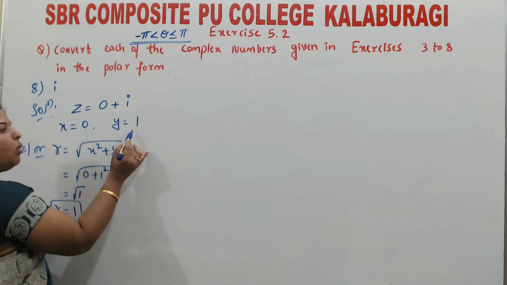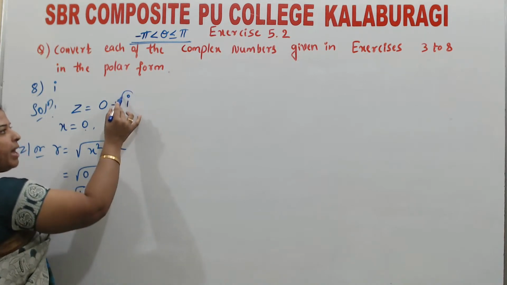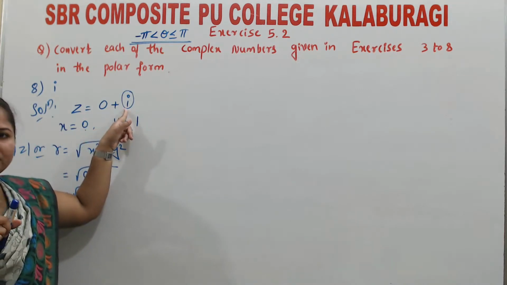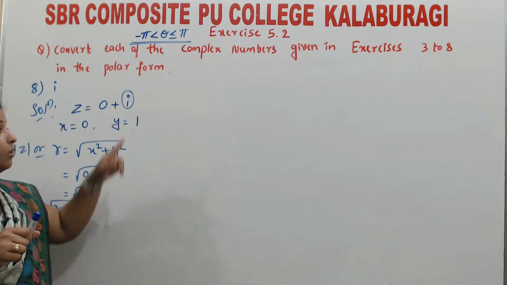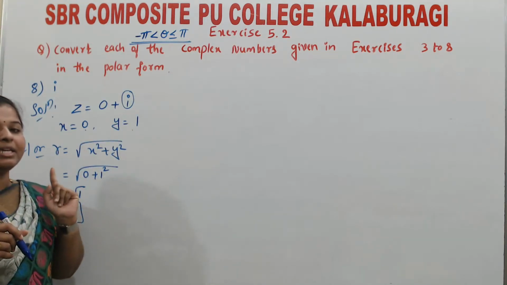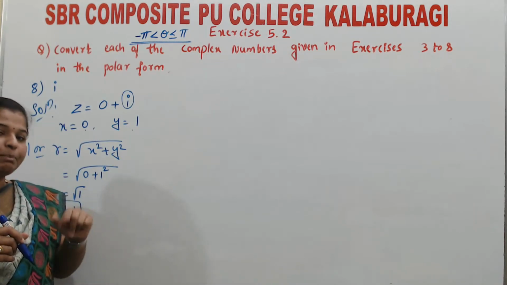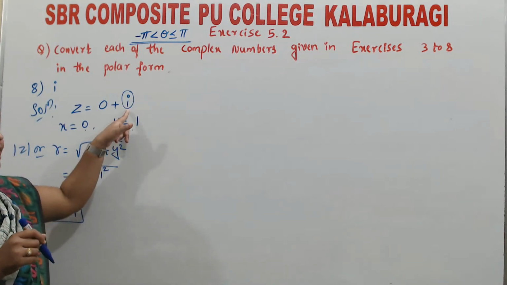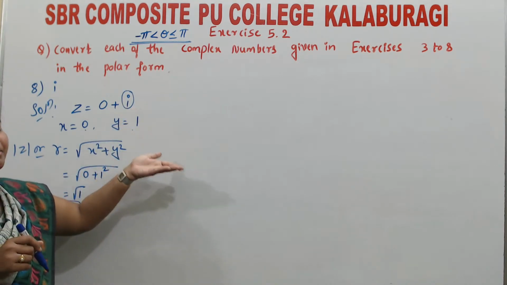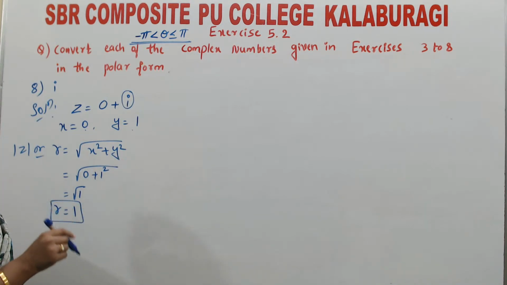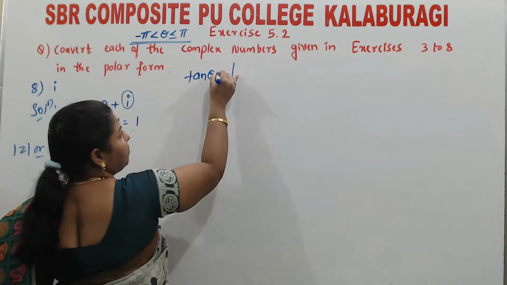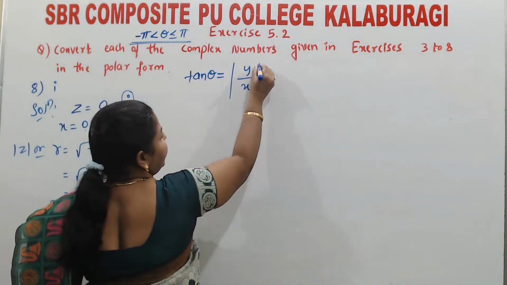See here. Real part is 0. Only the imaginary part is there, where y is the imaginary axis and x is the real axis. Theta is the principal value, from minus pi to plus pi. So here only the imaginary axis is there, which means argument of z is pi by 2, 90 degree. Here we find tan theta is equal to modulus of y by x.